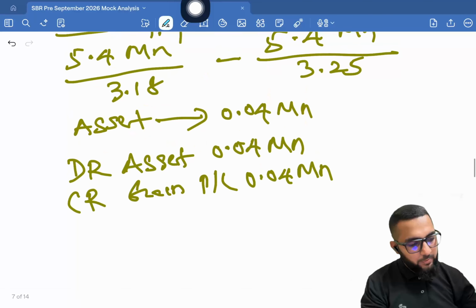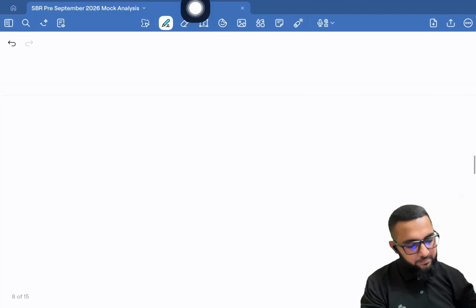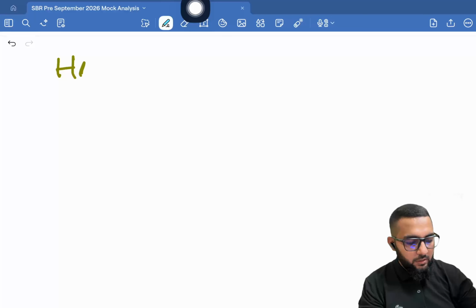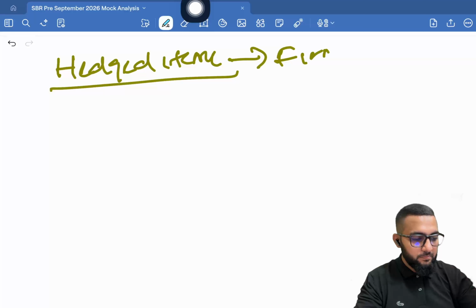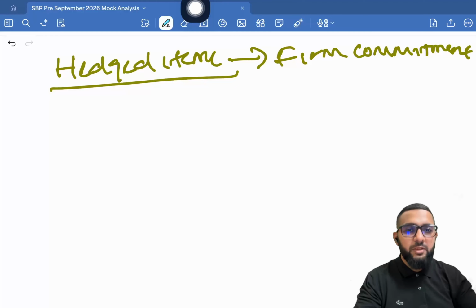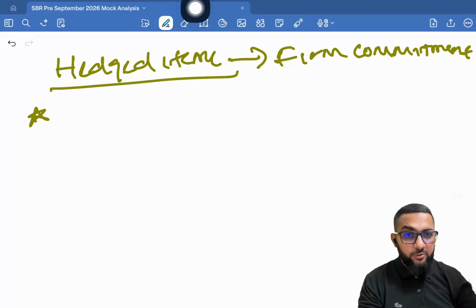Now let's talk about it from the hedged item perspective. The hedged item is the firm commitment, the future commitment. So this is a fair value hedge, and you need to remember that.